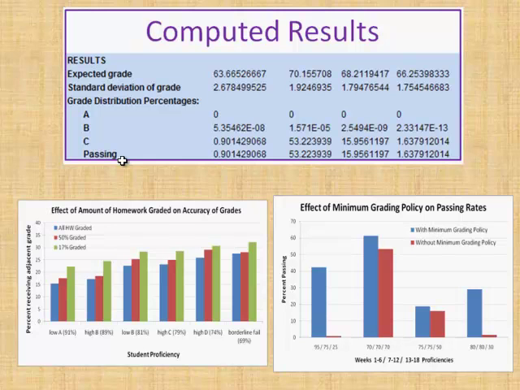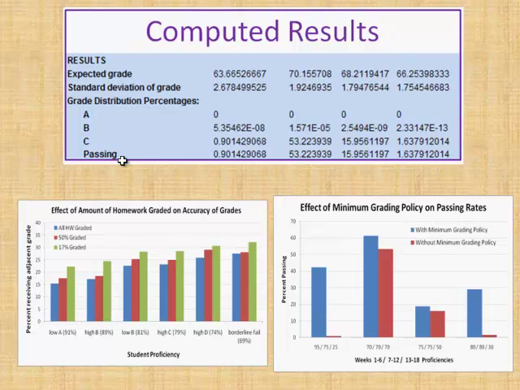On the right, the effect of minimum grading policy on passing rates, you can see for different student profiles the effect of minimum grading policy on passing rates. For some of the students, there was a huge effect. For instance, on the very first student profile, with the minimum grading policy, over 40% of such students passed.